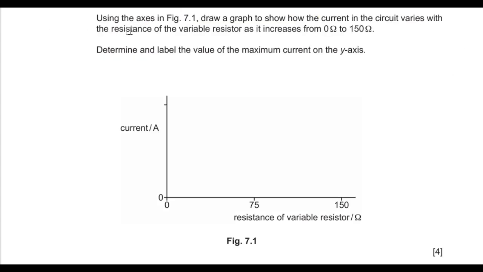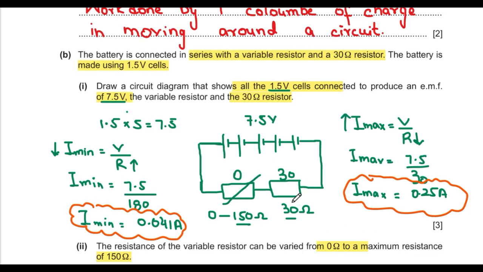Now we can do our next part. Using the axes in figure 7.1, draw a graph to show how the current in the circuit varies with the resistance of the variable resistor as it increases from 0 to 150. Determine and label the value of maximum current in the circuit. So on the y-axis we have current and on the x-axis we have the resistance of the variable resistor. If the resistance of the variable resistor is 0, then the current is maximum, which is 0.25 ampere.